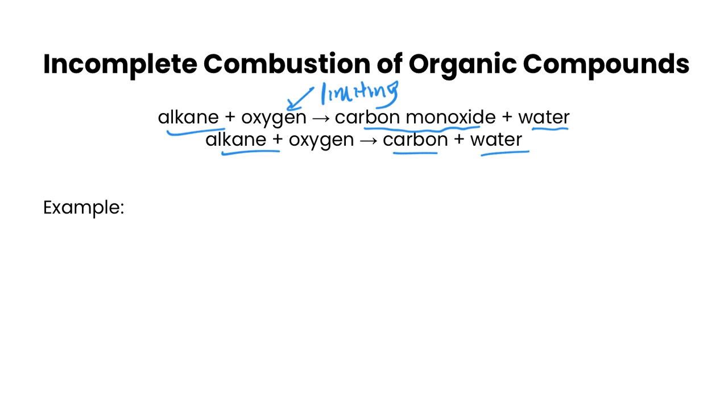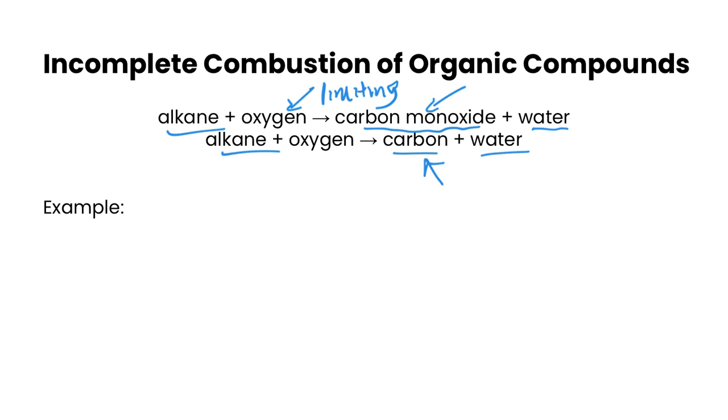Now, the reason why these reactions are not so great is because carbon monoxide is poisonous. It binds irreversibly to our hemoglobin. And then the other product, carbon, is basically soot. So it's that black stuff that's produced from a combustion reaction.